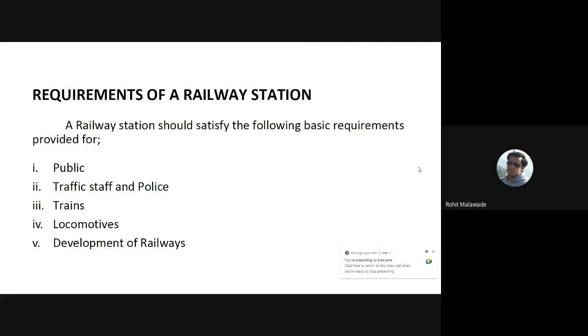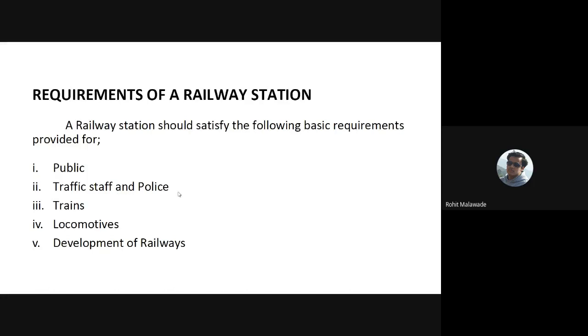Next is the requirements of a railway station. Okay, now what are the requirements of a railway station? It should have the basic facilities, right? It should have the basic facilities for the public, right? It should provide the basic facilities for the staff, traffic staff, right? Means those who are moving from one place to another place, right?